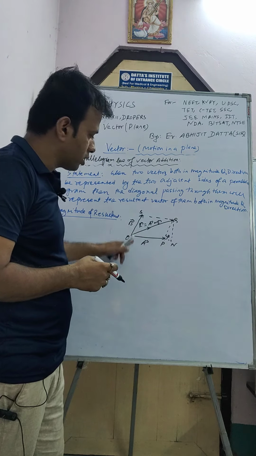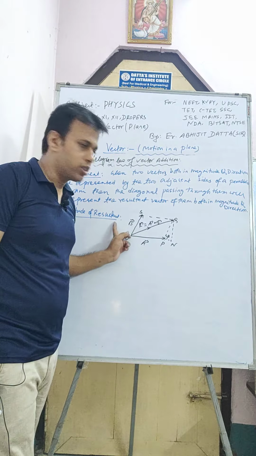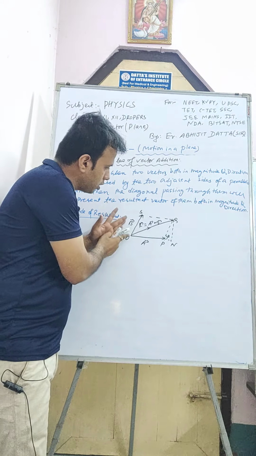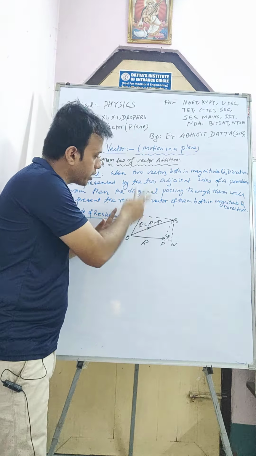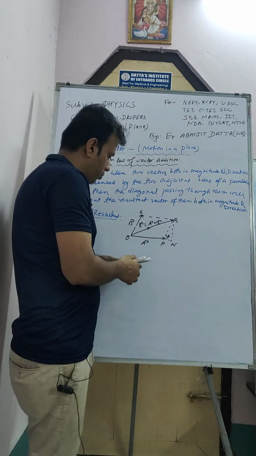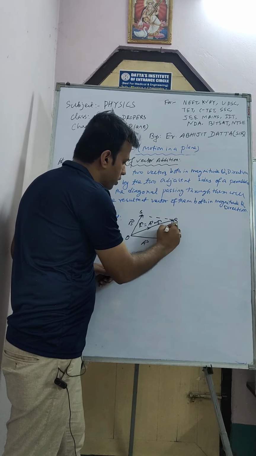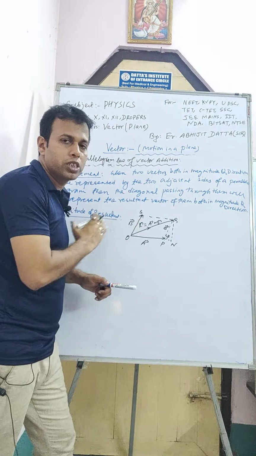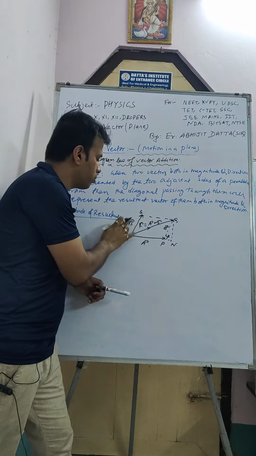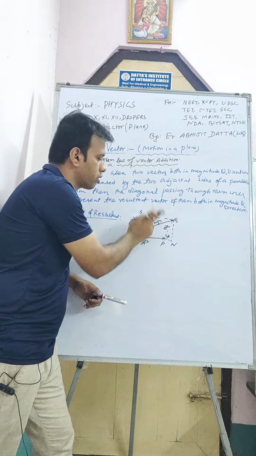Okay, so look at here. These are the two adjacent sides of the parallelogram, represented by the two vectors A and B both in magnitude and direction. Then the diagonal passing through them will represent the resultant of them. How? Suppose this one is B, so it will be B vector. Opposite sides of a parallelogram are equal, is not it? If this represents the B vector, then it will be B vector. If this represents A vector, it will be A vector.